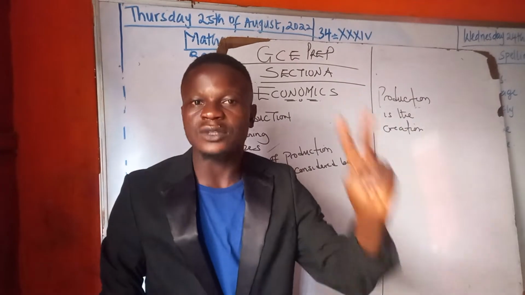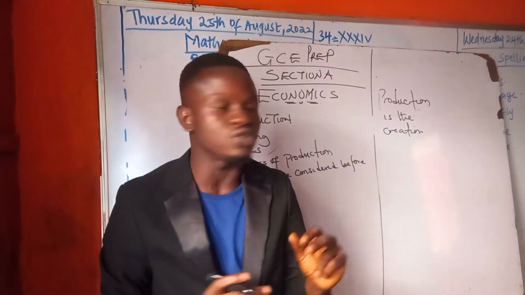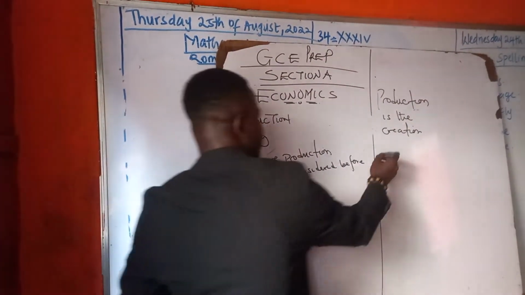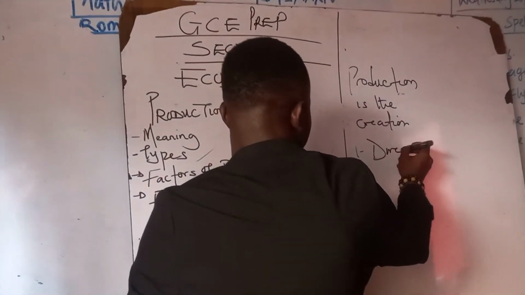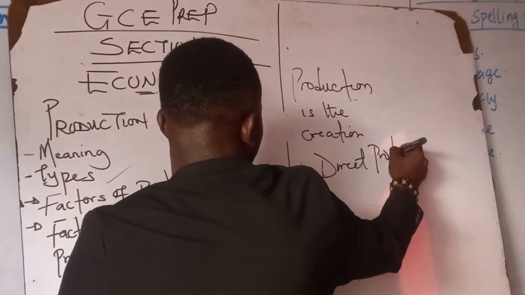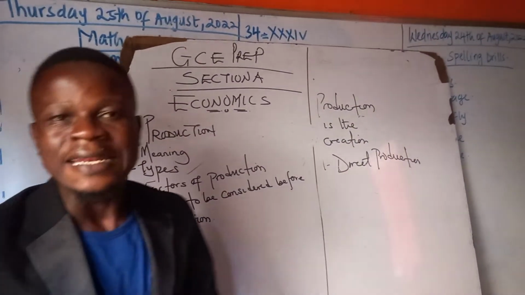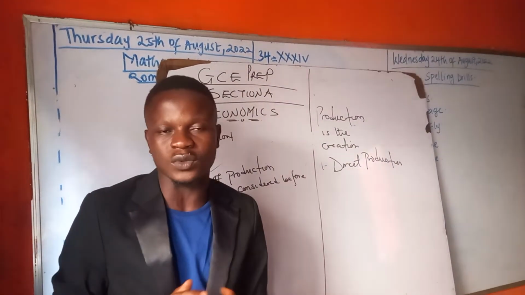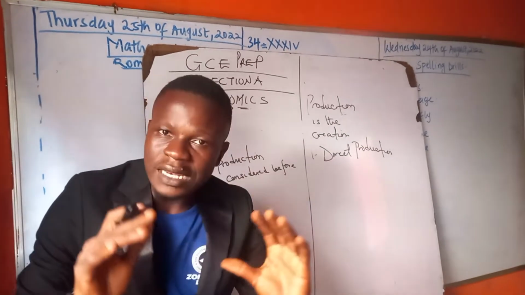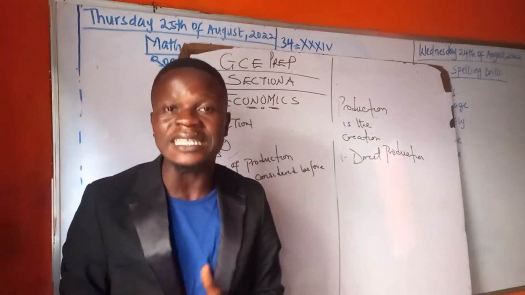Majorly, there are two types of production. Number one is direct production. In direct production, you produce goods and services only for your family's immediate consumption.